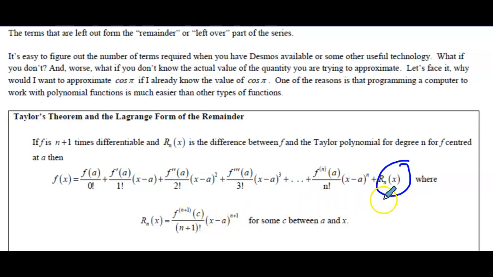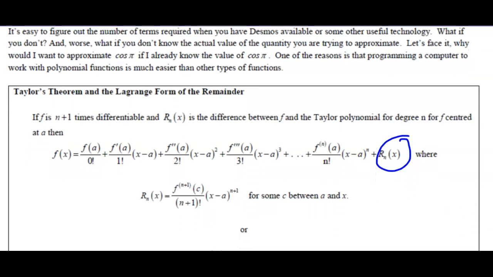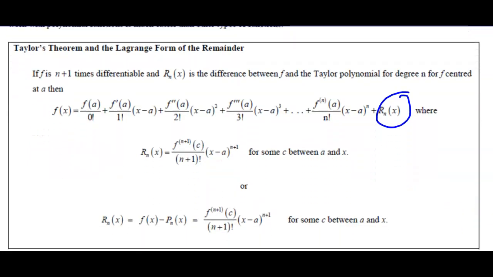So the rest of those terms are getting smaller and smaller and smaller. So this is really the biggest value of all of the rest of the terms, right? The next term after the nth, okay?